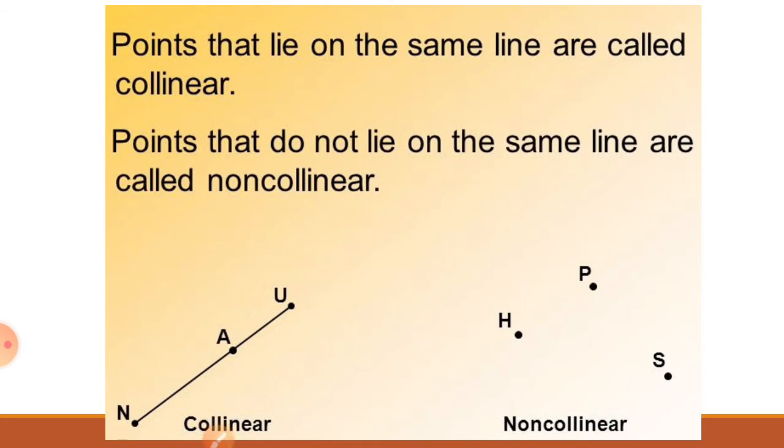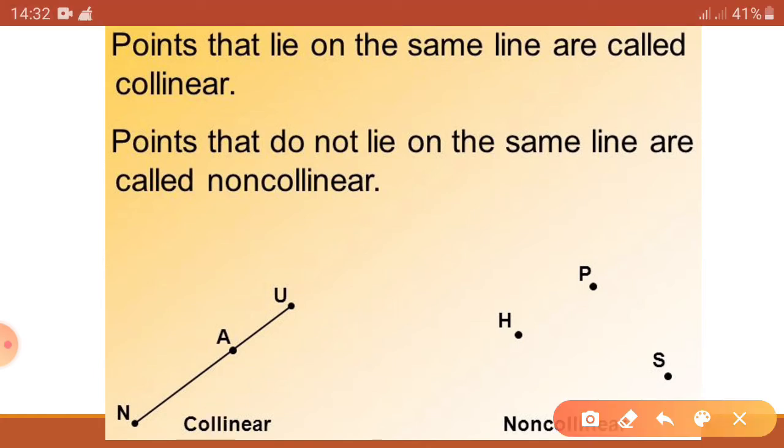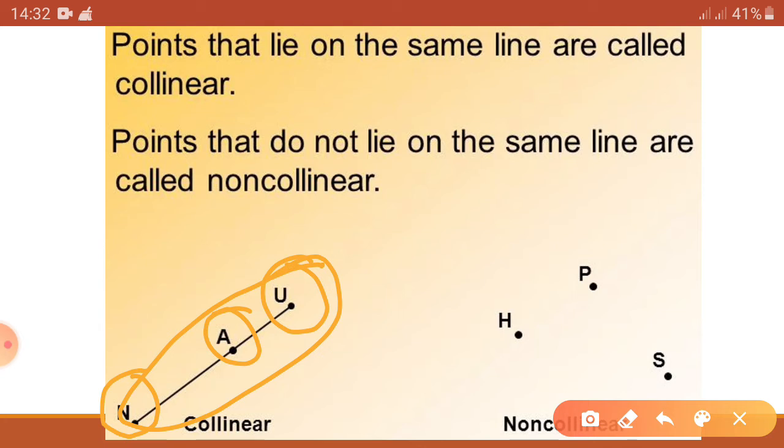Now we will be talking about collinear points and non-collinear points. The points that lie on the same line are called collinear. Suppose this is a line, and on this line points N, A, U lie, so all these points are known as collinear points, because all of them lie on the same line.